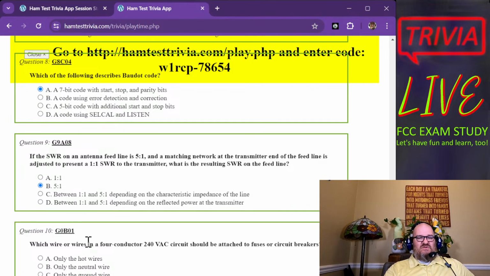And the last one: which wire or wires in a 4-conductor 240-volt AC current circuit should be attached to fuses or circuit breakers? Boy, I don't know.